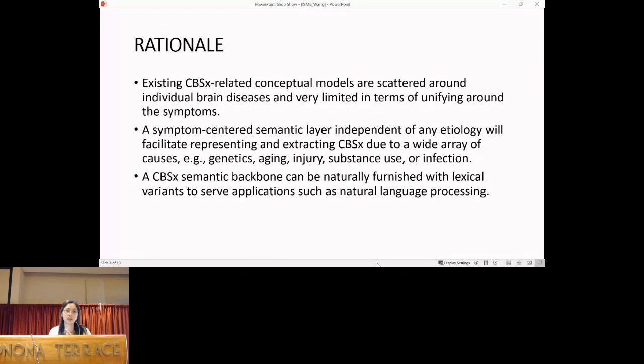So this disease could be caused by a lot of reasons, such as genetics, aging, injury, substance use, or infection. So here we thought the cognitive behavioral symptoms semantic backbone can also be naturally furnished with lexical variants in the future to serve applications such as natural language processing.